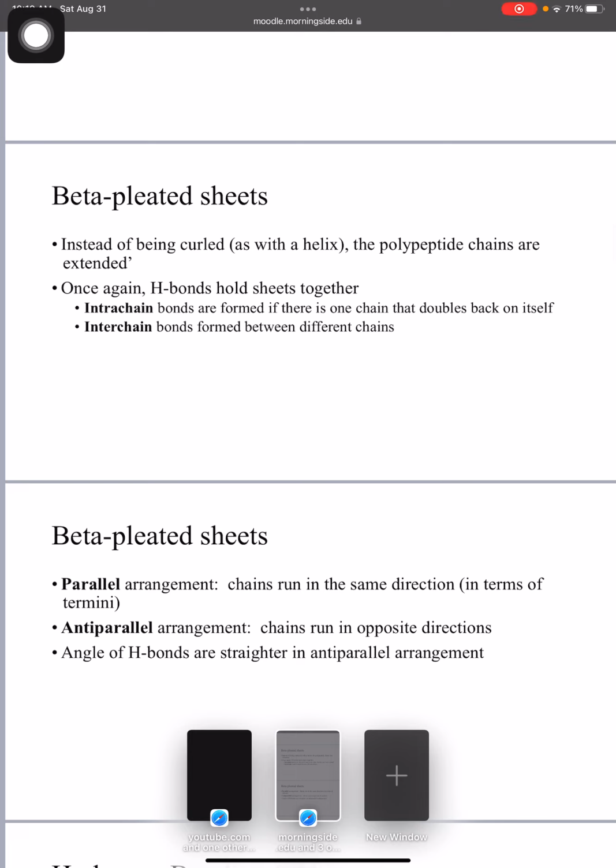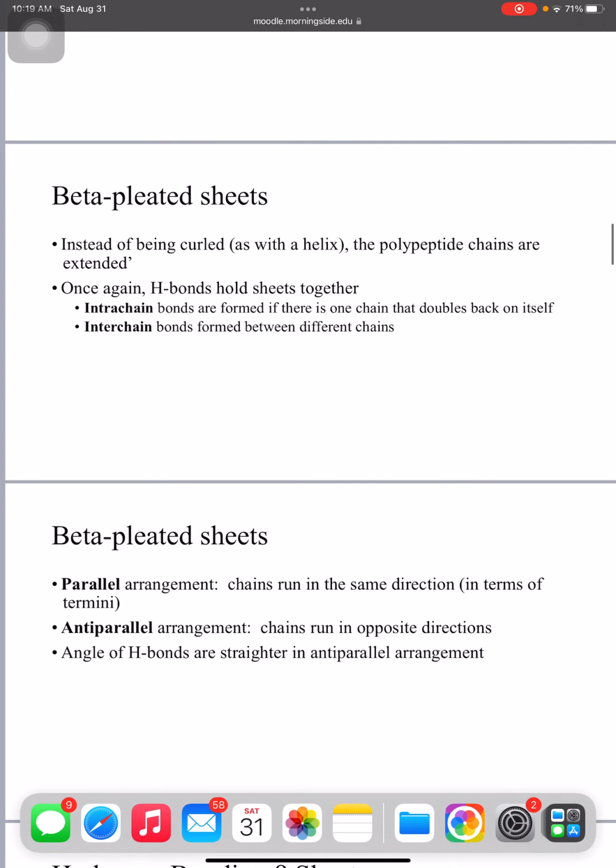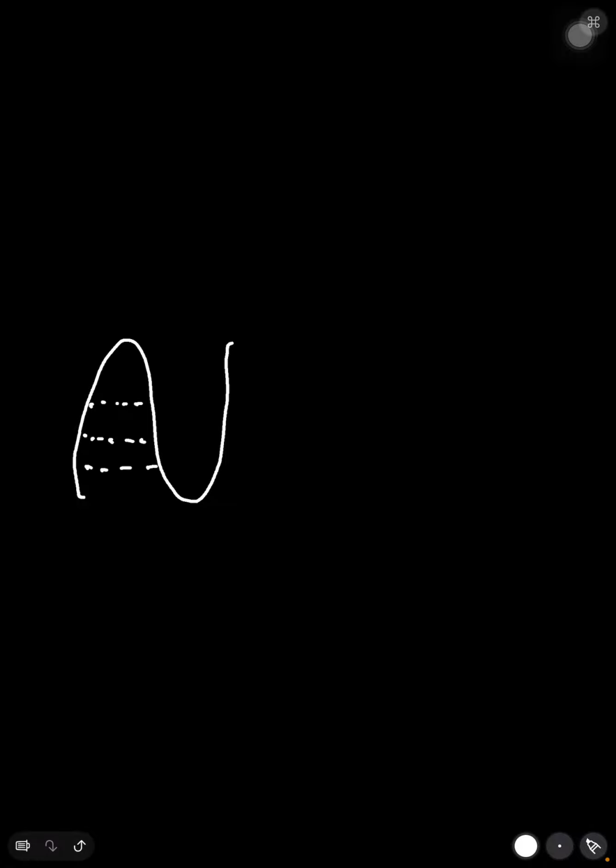Just like with alpha helices, beta sheets are also entirely dependent on hydrogen bonding. And these can be what we call intrachain bonds, or interchain bonds. Let's say I'll just draw that thing I just drew. You had one sheet like that, extended in this manner. You could have hydrogen bonds between different areas of that same chain.